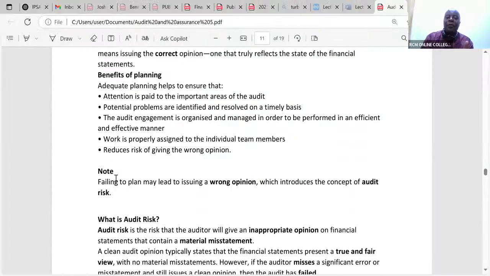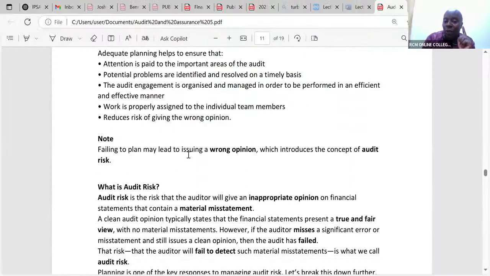Now note, failing to plan may lead to issuance of a wrong opinion, which now leads us to introduce the concept of audit risk. Now, ladies and gentlemen, first of all, I would want you to know the meaning of risk. When, for example, you've earned your dividends, you may get some good money. Once you get this money, you decide to send it out to look for more money for you.